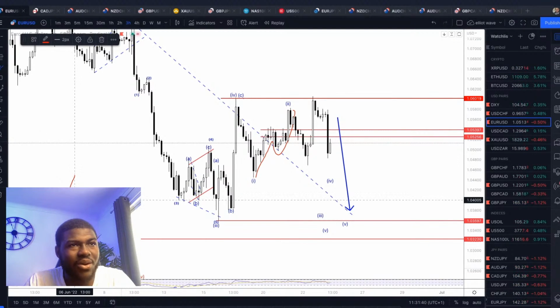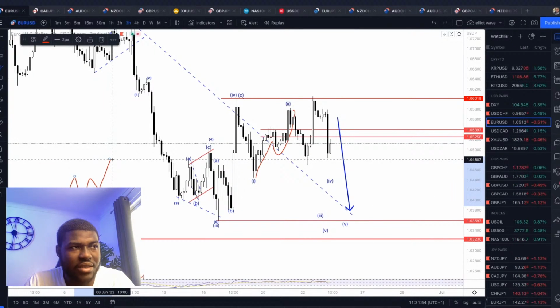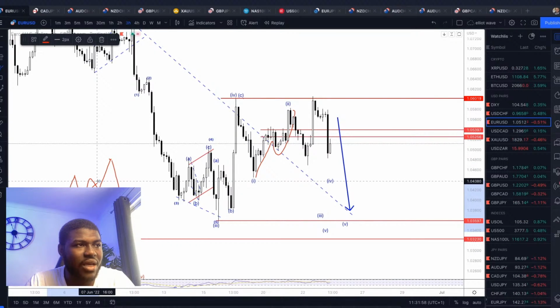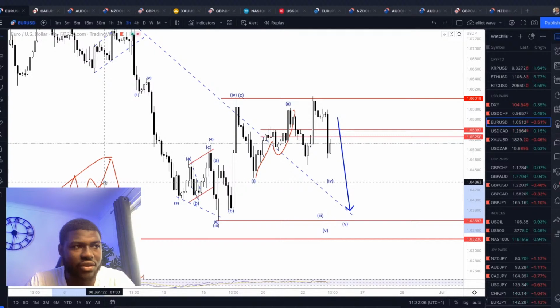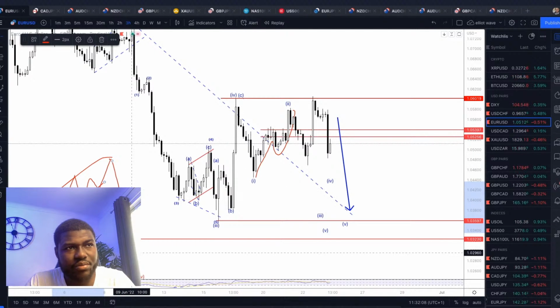Now, this correction appears to be the first leg of a correction, and another correction then happened to the upside again. You see? Before we now see the down move, the whole of this is now a complex correction. Permit me to use that English. As you can see, this is the breakout.